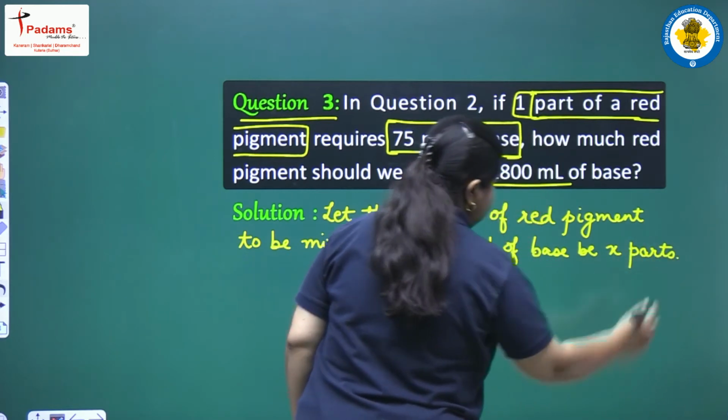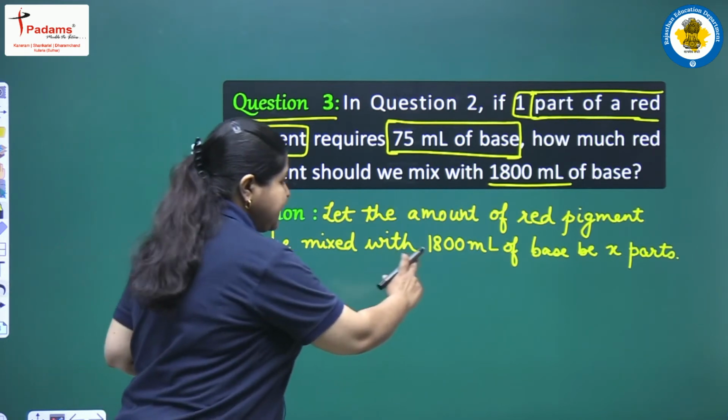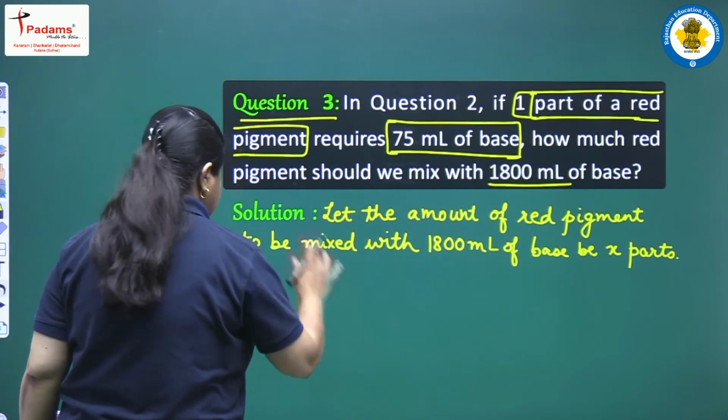Now we write the two quantities in tabular form.